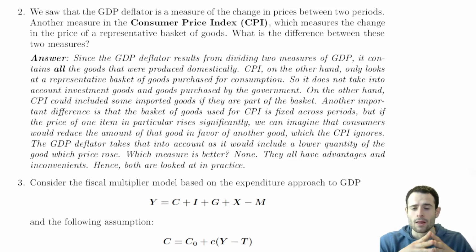However, since the GDP deflator is a ratio of GDPs, which look at the total quantity of all the goods produced in an economy, then the GDP deflator will cover all possible goods, whereas CPI will restrict itself to goods that have a role in a representative household's budget.